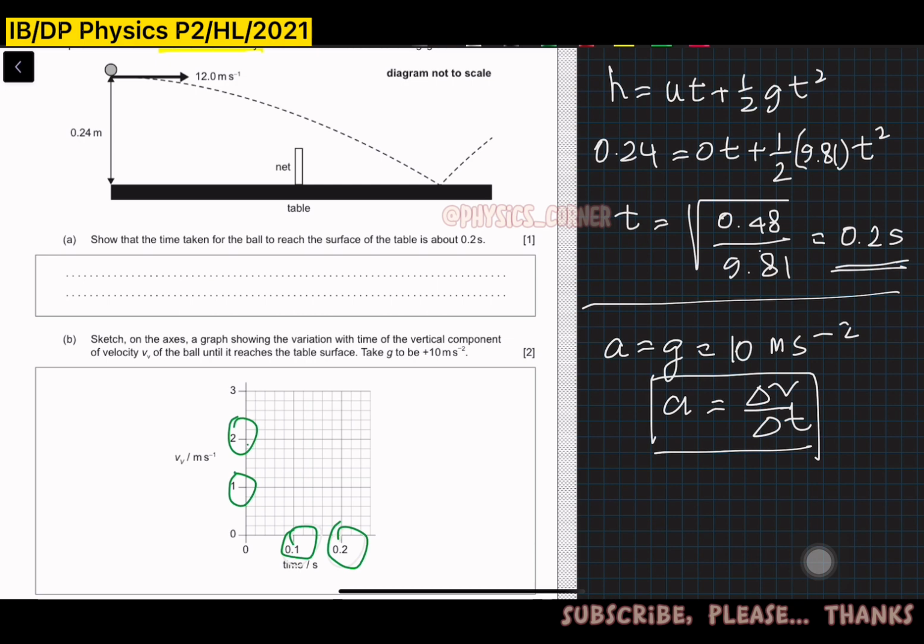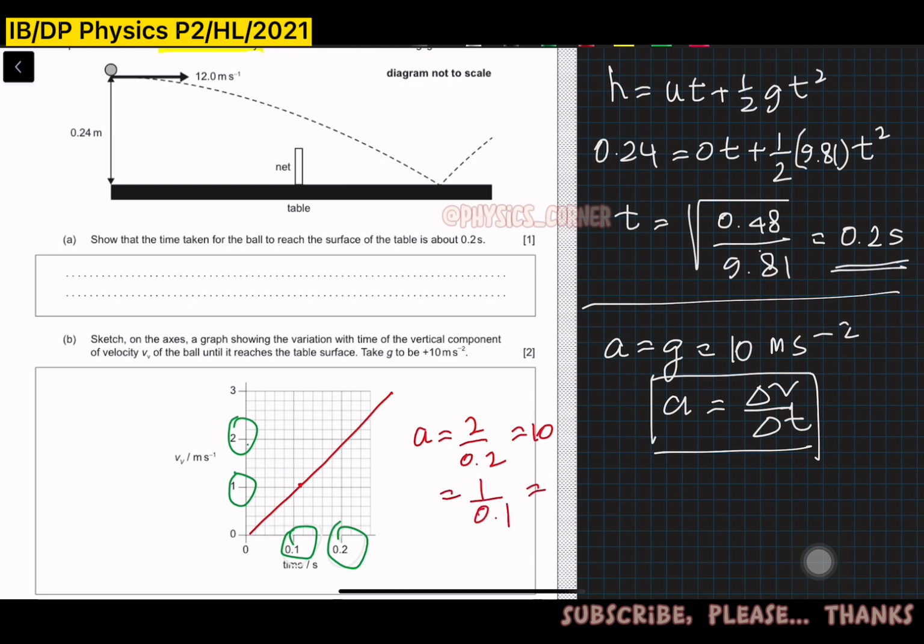So you can decide that the line is like this one. The slope, or a, is 2 divided by 0.2, which is about 10, and also 1 divided by 0.1 is about 10.